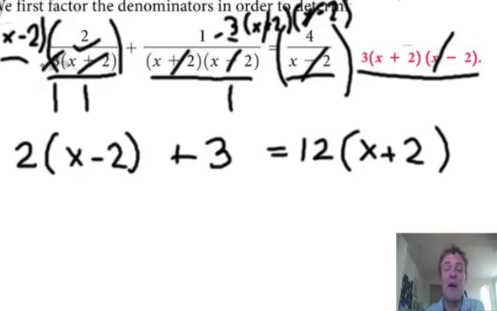So there we go. I've simplified everything. By multiplying by the lowest common denominator, I can get rid of the denominators. I'm usually still left with a certain amount of numerators. So what's this? 2x minus 4 plus 3 equals 12x plus 24.